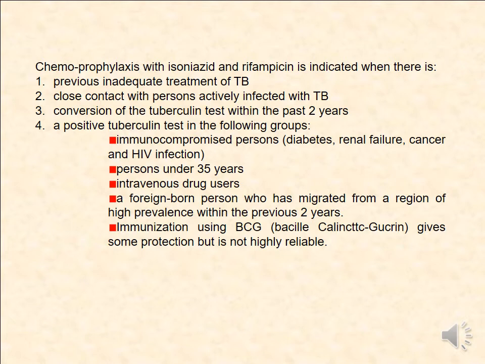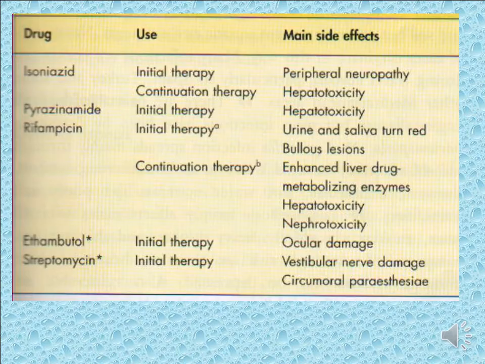This group includes immunosuppressed persons, such as those with diabetes, renal failure, cancer, and HIV infection; persons under 35 years old; intravenous drug users; and foreign-born persons who have migrated from a region of high prevalence within the previous 2 years. Immunization using BCG gives some protection but is not highly reliable.